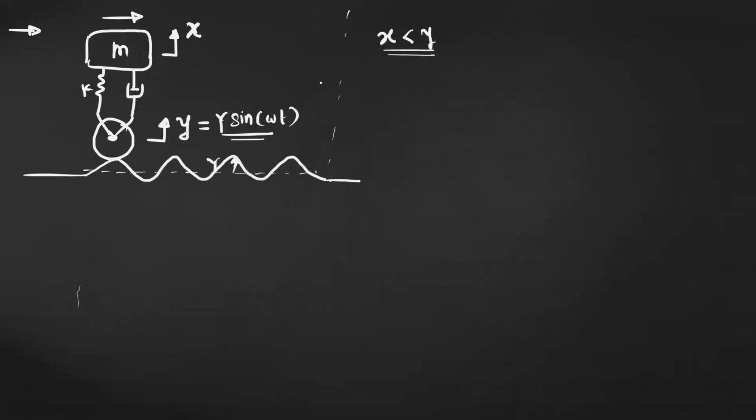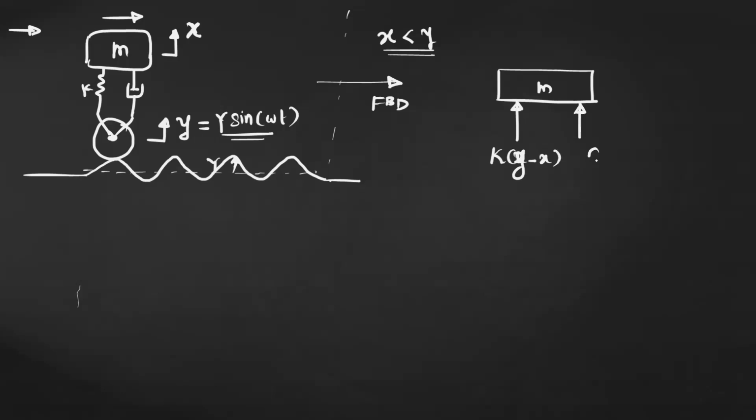So whenever we draw the free body diagram, as x is less than y, the spring will undergo compression. So this is the direction of force given by the spring. So this is k times y minus x, as y is greater than x, and this is the damping force, which is c times y dot minus x dot. Okay, then we will assume mass is moving in the upward direction. So this is the inertia, which is m x double dot.